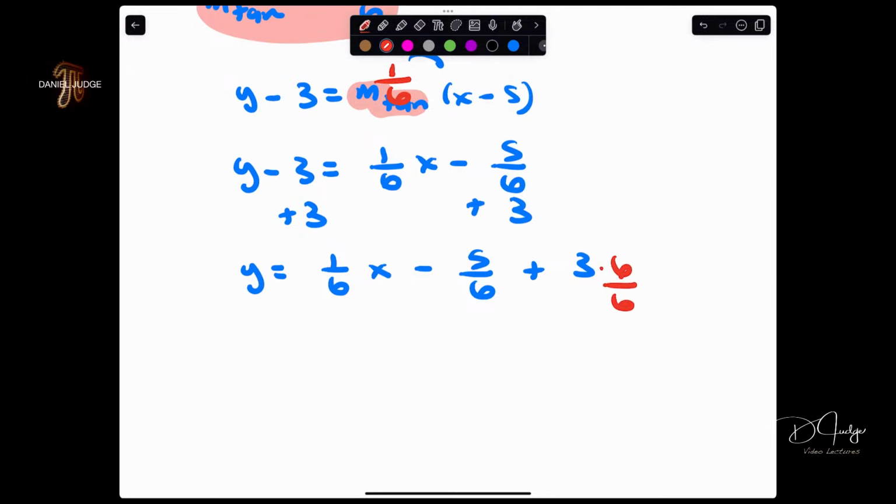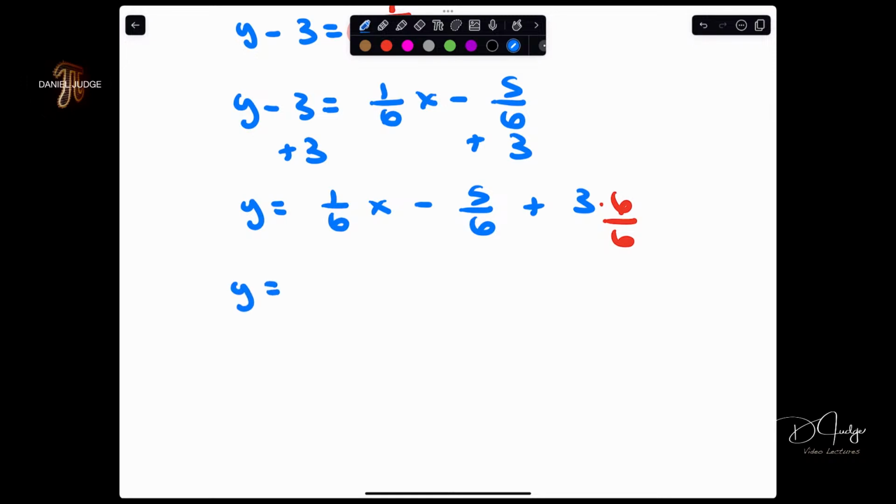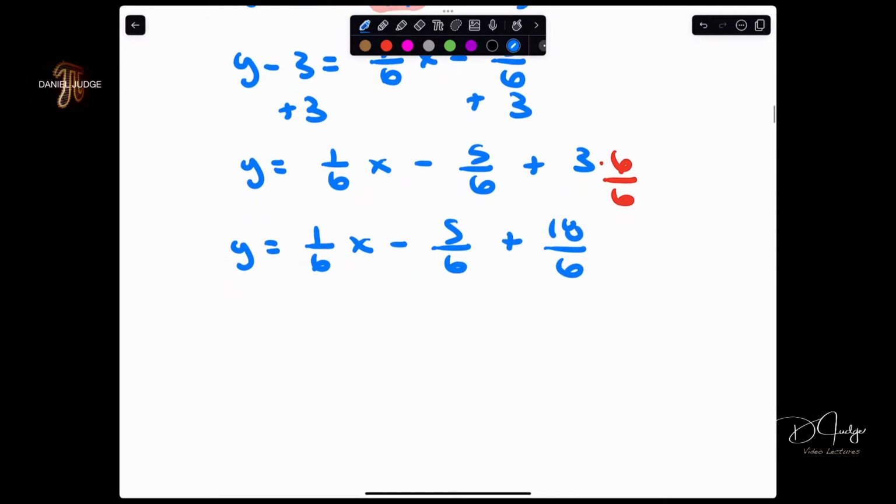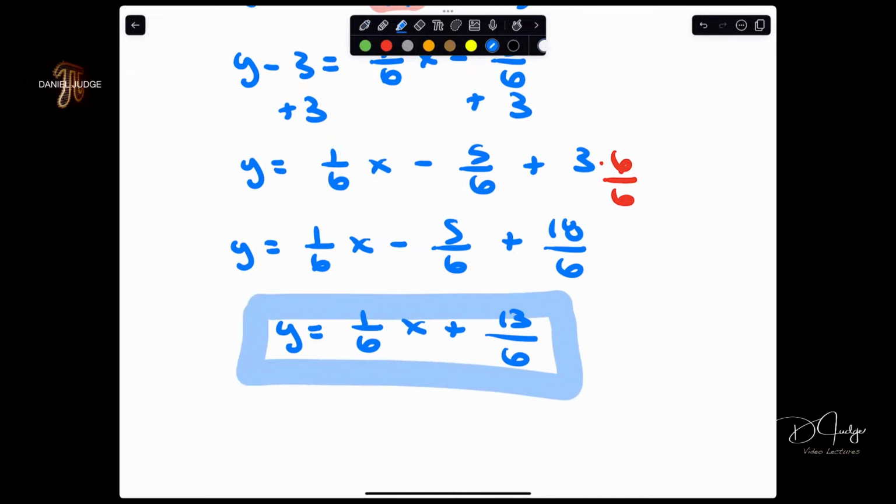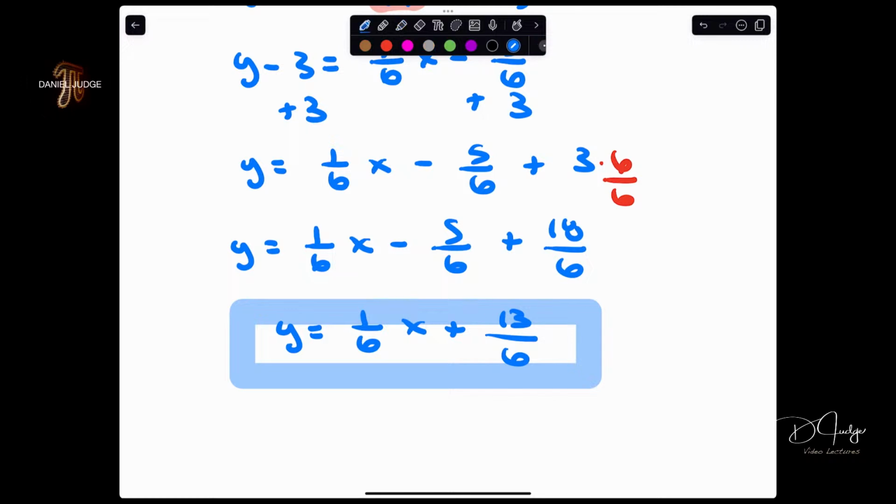Multiply the 3 by 6 on top and bottom. So y is 1/6 x minus 5/6 plus 18/6. And so y will be 1/6 x plus 13/6. All right, so here's our L tangent now.